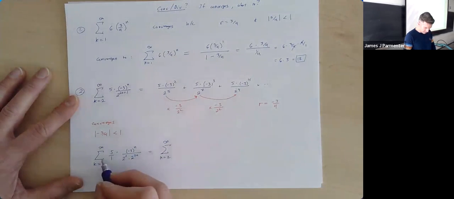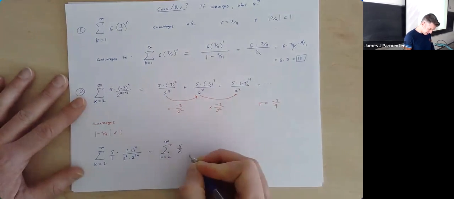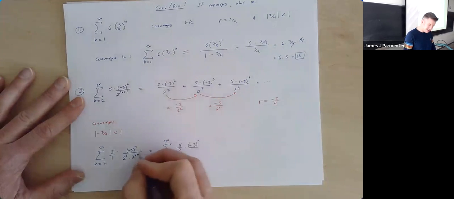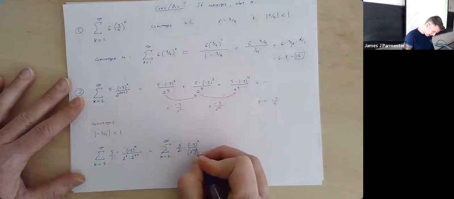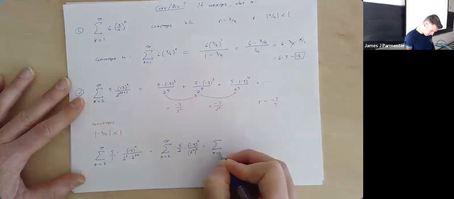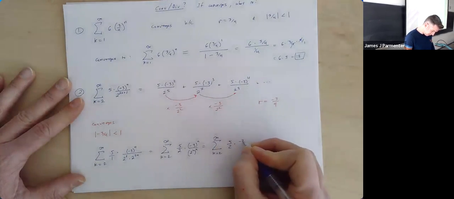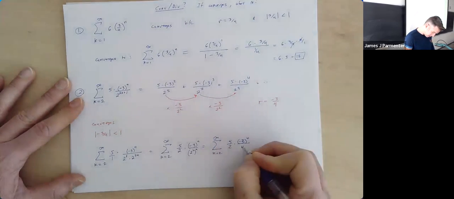I'm going to bring the 2 to the 1 over there because it's not really changing. So I'm going to have a 5 halves. And then I have negative 3 to the n, and 2 to the 2n is really 2 squared to the n. Or if you prefer, and I do prefer, the sum from k equals 2 to infinity of 5 over 2 times negative 3 to the n over 2 squared, which is 4 to the n.